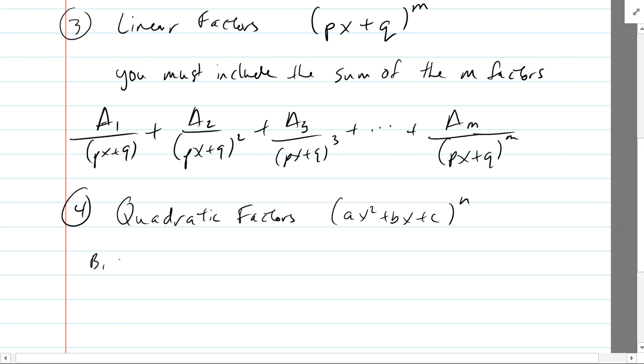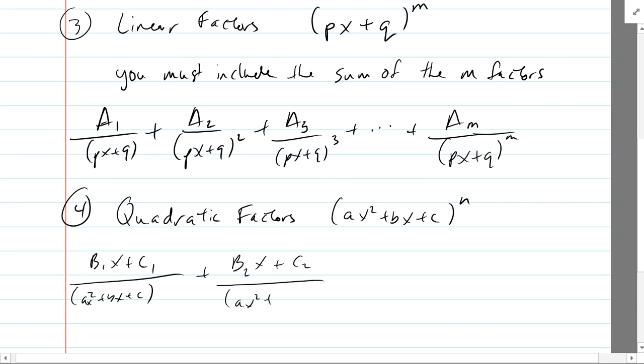then they are b1x plus c1 over ax squared plus bx plus c to the 1 power, plus b2x plus c2 over ax squared plus bx plus c squared, plus dot dot dot, because I don't want to write anymore, plus bnx plus cn over ax squared plus bx plus c to the n power.